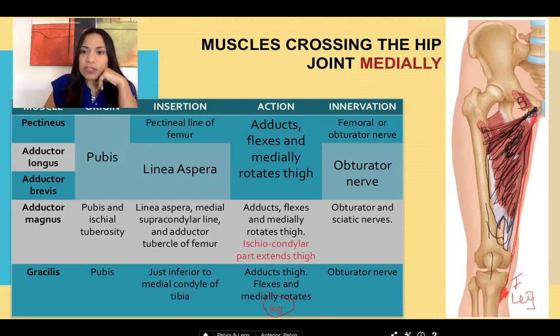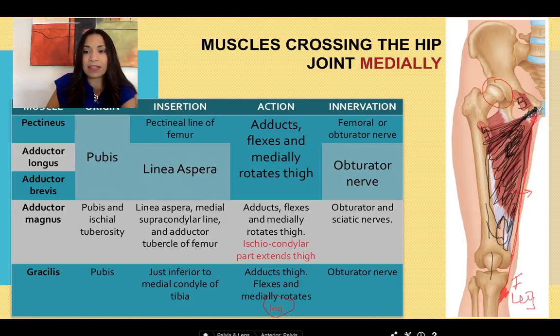So the actions of this group of muscles: all of them adduct the thigh, gracilis also, all five of them adduct the thigh. All of them except gracilis can flex the hip because they cross anteriorly, from hip bone to femur, in an anteromedial fashion.